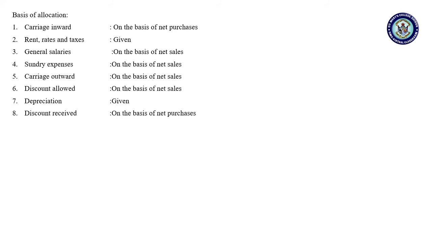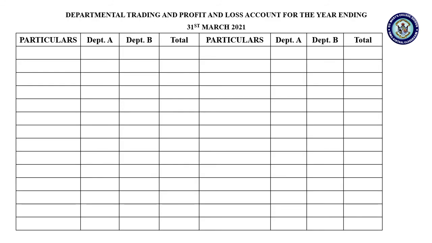Okay, next you draw the lines. Write the heading: departmental trading and profit and loss account for the year ending 31st March 2021. This is columnar, meaning you can see separate columns for each department and the total figure. In one book, there are different columns for different departments.